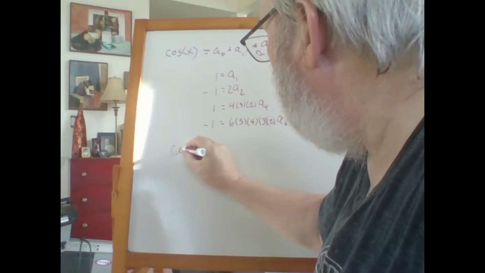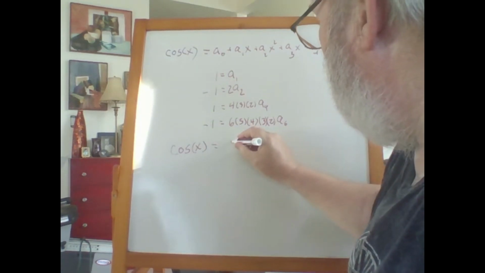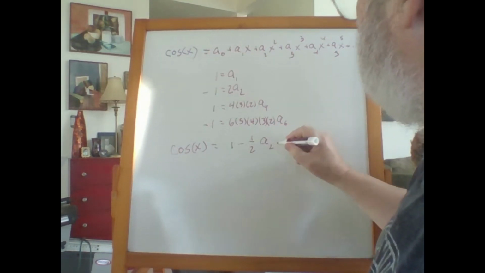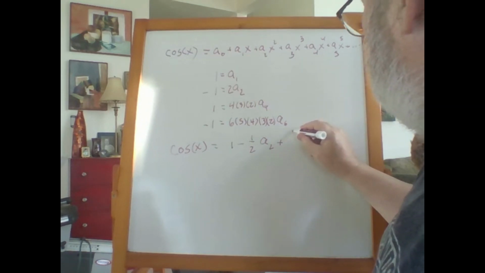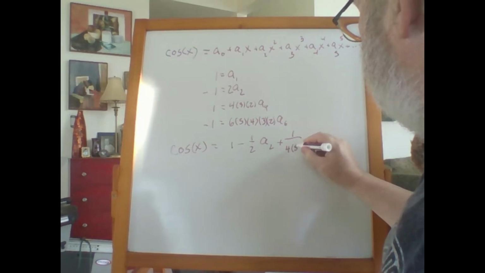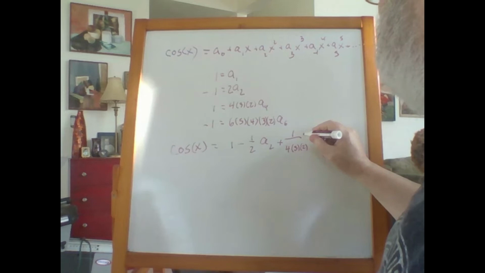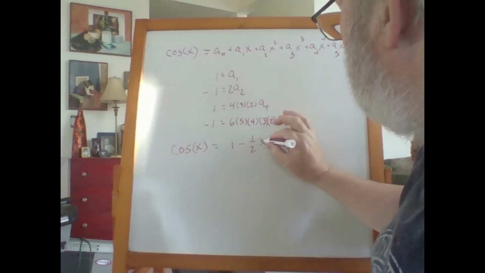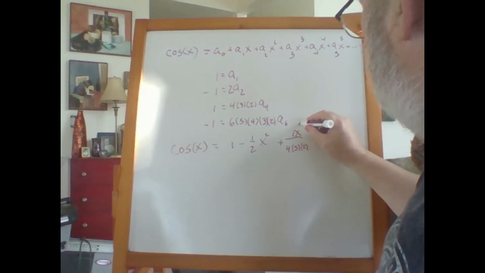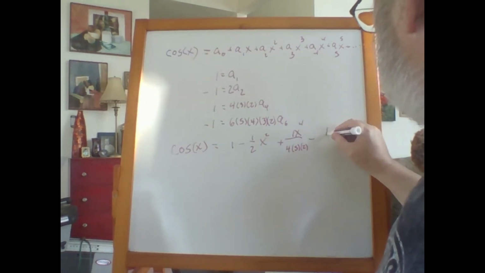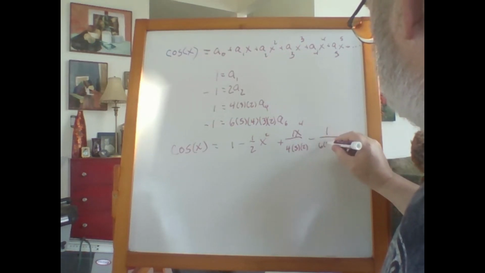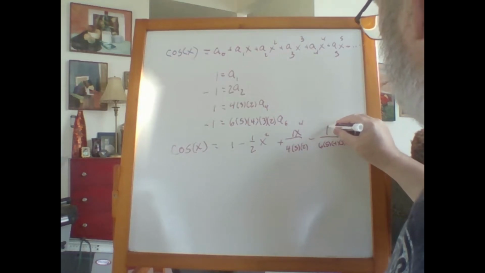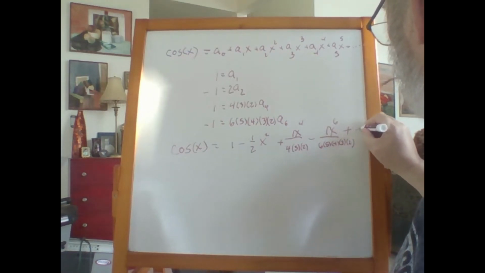So I got cosine of x equals 1 plus or minus 1/2, half, x squared plus 1 over 4 times 3 times 2, whoops, not a2, x squared, x to the 4th minus 1 over 6 times 5 times 4 times 3 times 2, x to the 6, and it goes on forever like that.